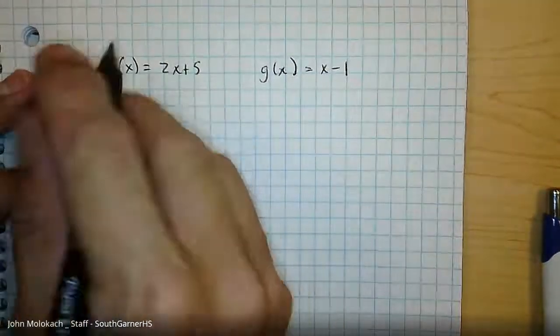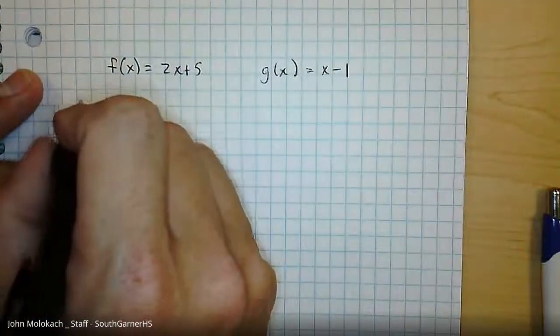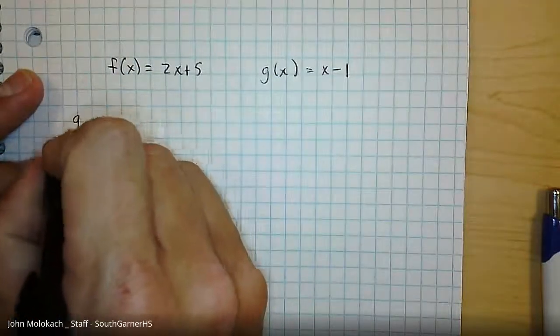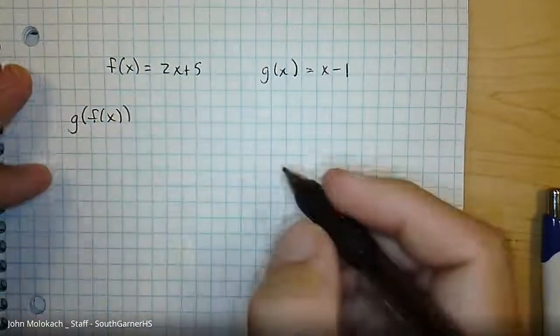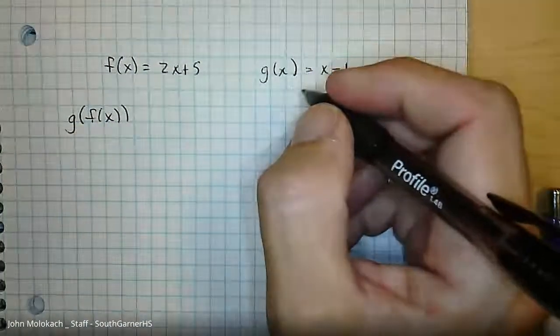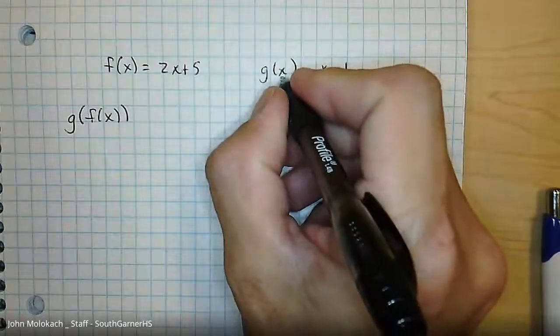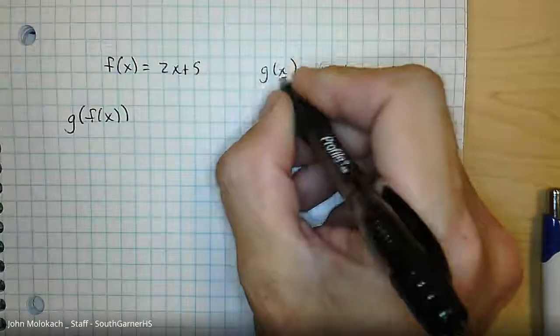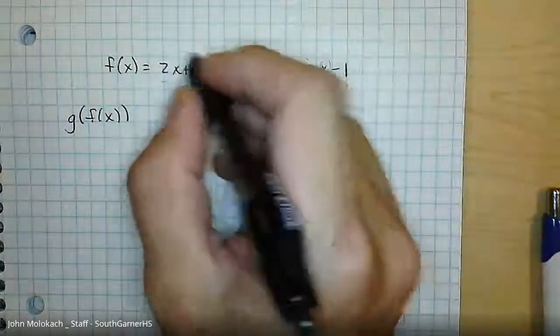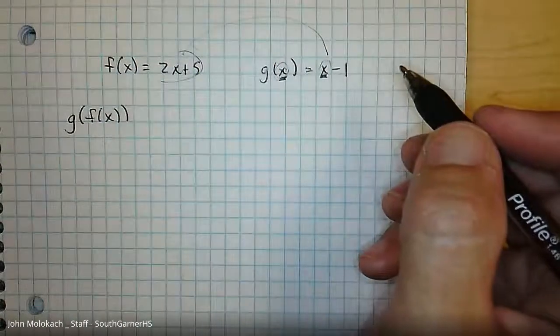What we can do, for our function g composed of f of x, is what I tell people: take the x out and replace this input, this x, with the entire function.